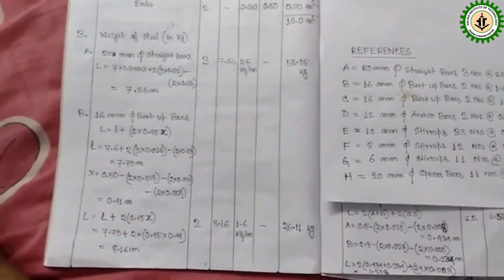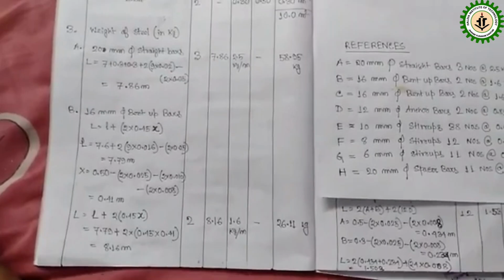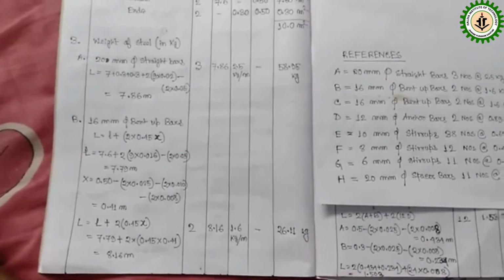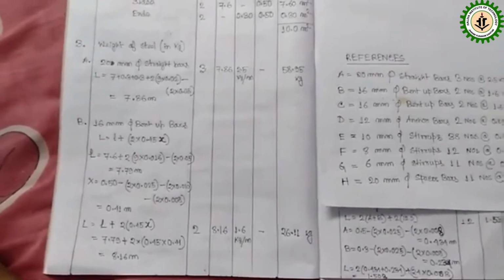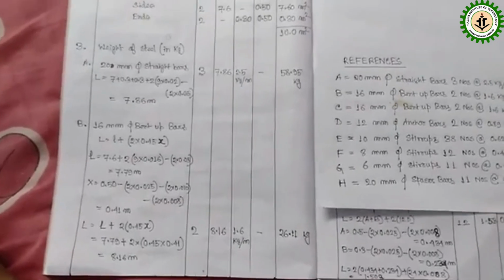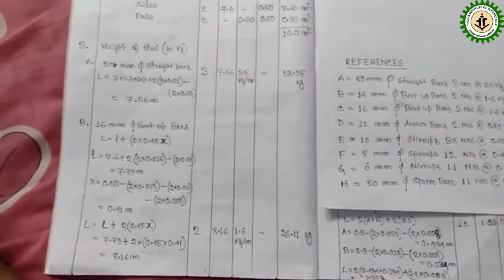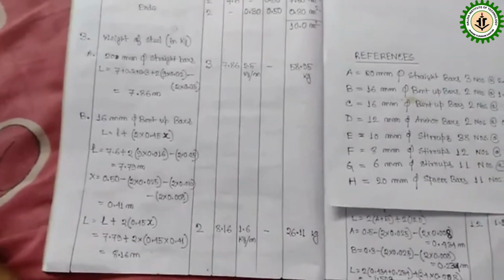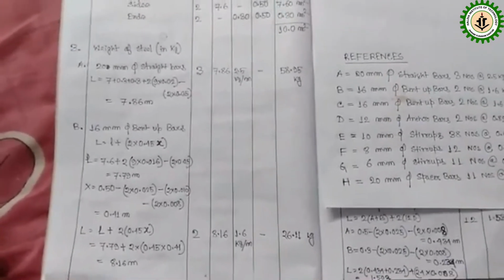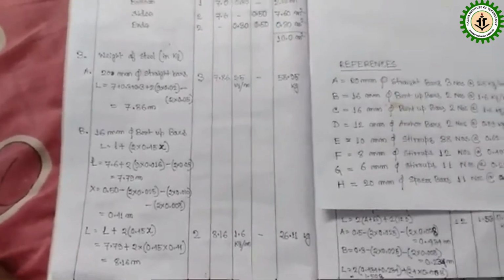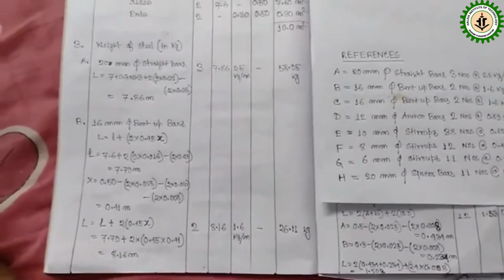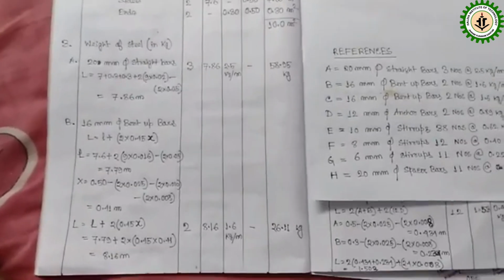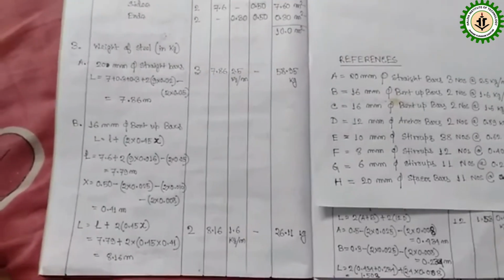So the total length of the bent up bar will be L plus 2 into 0.45x. So L is 7.79 plus 2 into 0.45 into x, that is 0.41. So after multiplication the length will be 8.16 meter. Now we have total length of bent up bars and the number of bars are 2.